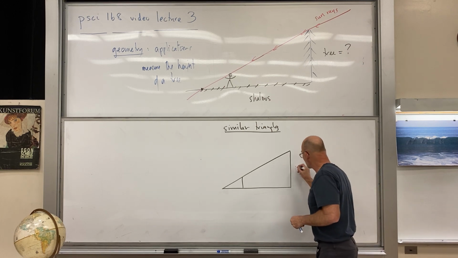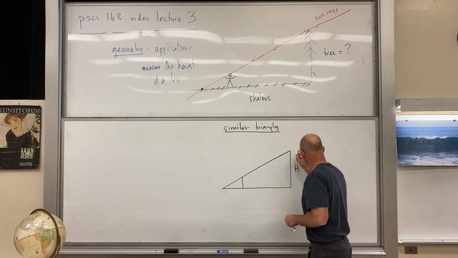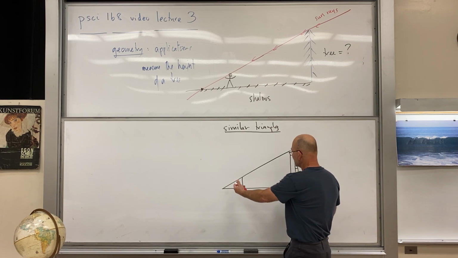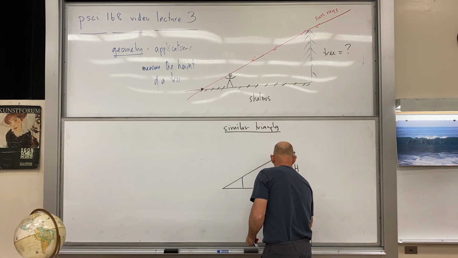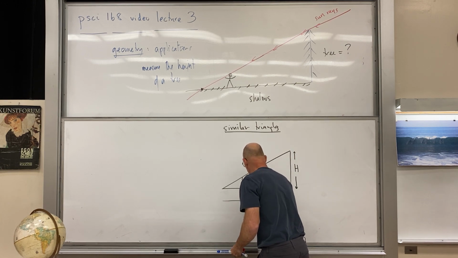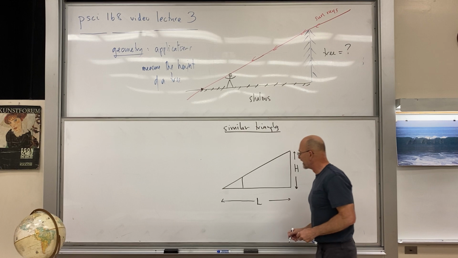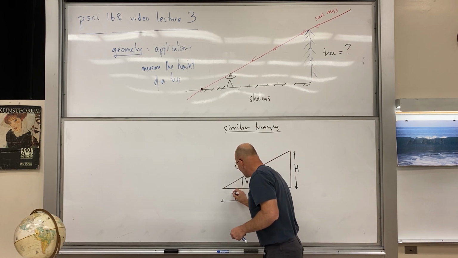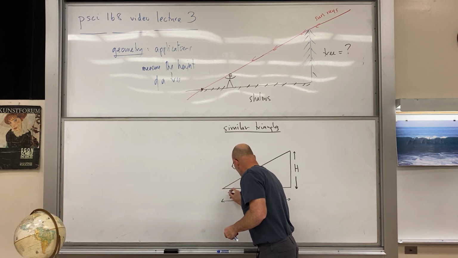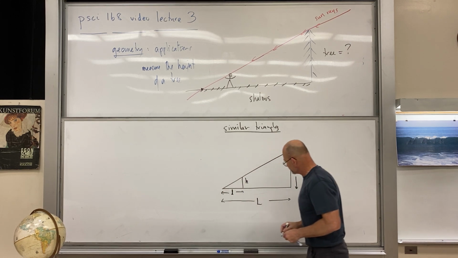Let's just go ahead and call the height of the tree capital H, and the length of its shadow here on the ground capital L. Then I can call my height lowercase h and the length of my shadow lowercase l.